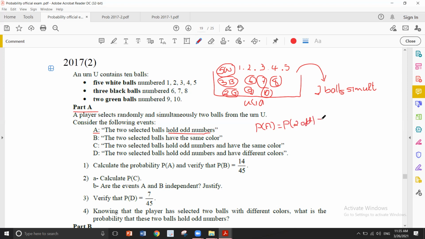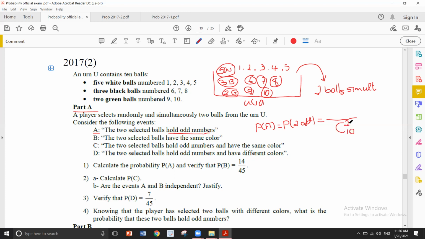Who can give the result of 2 odd? How much total? 10. Do I put 10 or what? No, C(10,2). I have to choose 2 from 10.